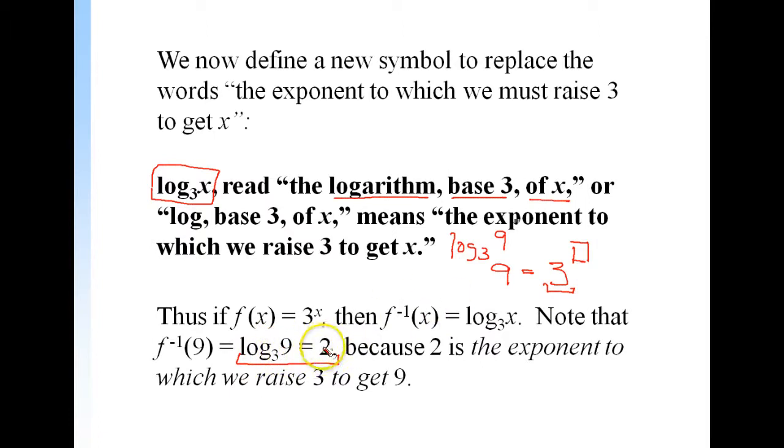The exponent is what it equals. And when you take the base 3, raise it to the second power, your result is 9. Because 2 is the exponent to which we raised 3 to get 9. And again, you're going to have to look at some way to decode these. And hopefully what I'm offering here is a good method.